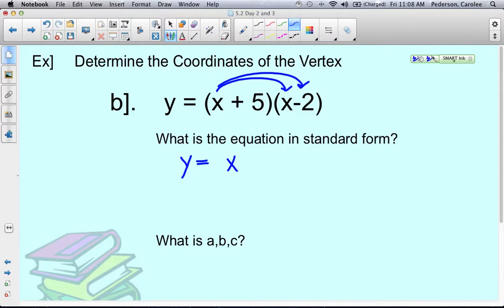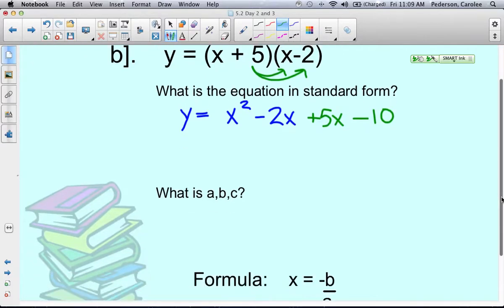So x times x is x squared. X times negative 2 is negative 2x. Then we'll multiply 5 times x and 5 times negative 2. Now combine like terms. The middle two terms are my like terms.